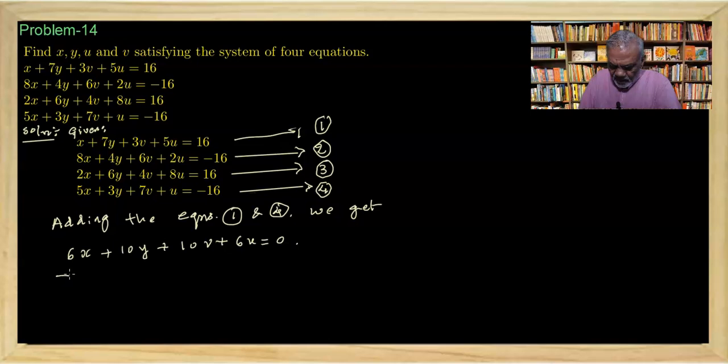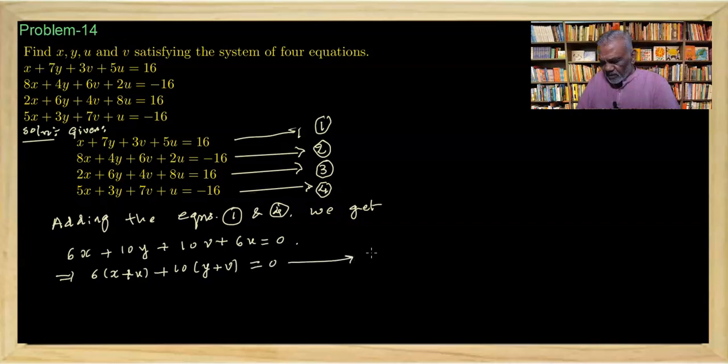This can be written as 6 into (x plus u) plus 10 into (y plus v) is equal to 0. Let me call this equation number 5.